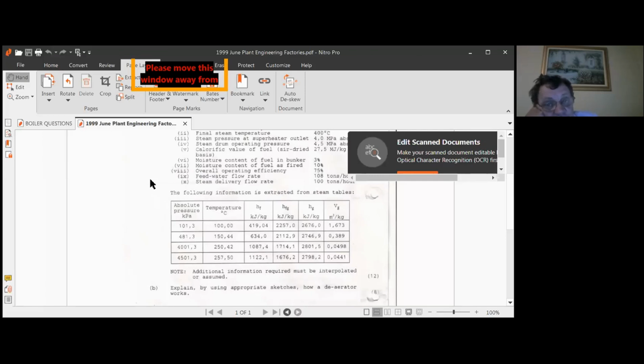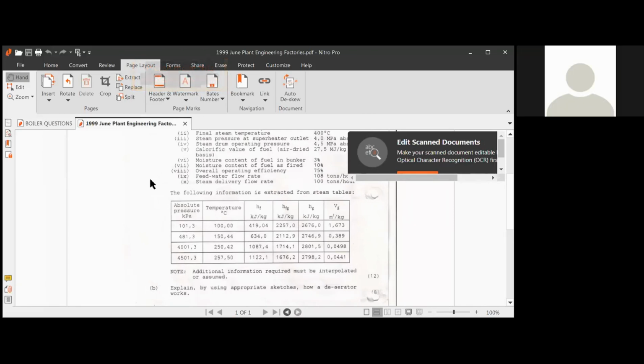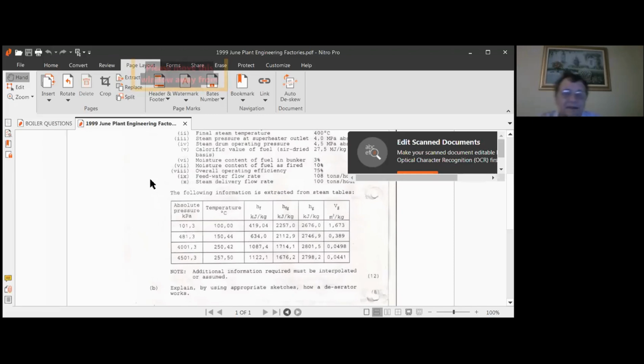I'm not sure if the FD fan, the primary air fan that supplies air, actually adds moisture so it goes from 3% to 10%. In reality, correct, I'm putting more moisture into it.